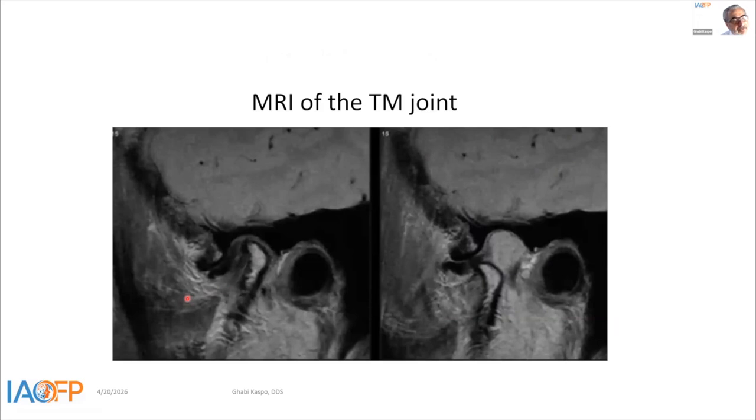Now, when you order MRI of the TM joint, specifically to detect disc location and disc function, you can ask the radiologist or the center to do closed and open joints. When the patient opened their mouth, see the disc moved a little bit out to the normal position. So this is displaced disc with reduction.